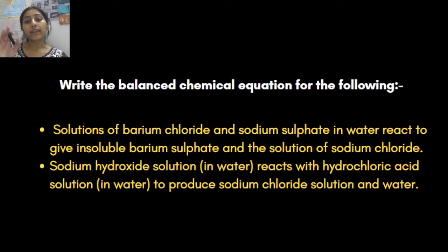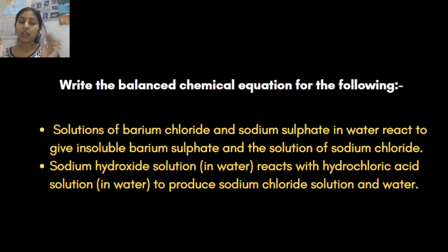So the reaction is taking place in water, right? The barium chloride and sodium sulfate are present in water, so we must write the state of barium chloride and sodium sulfate as aqueous.